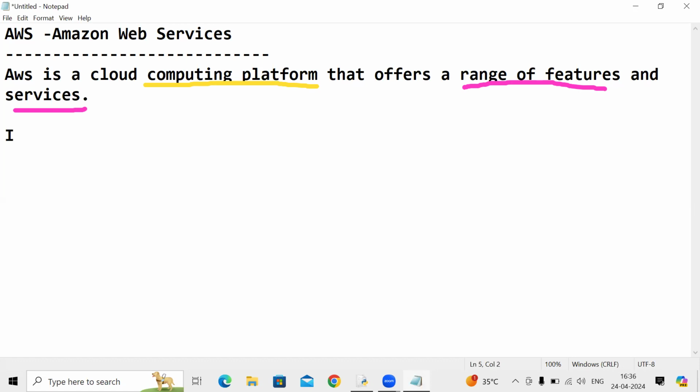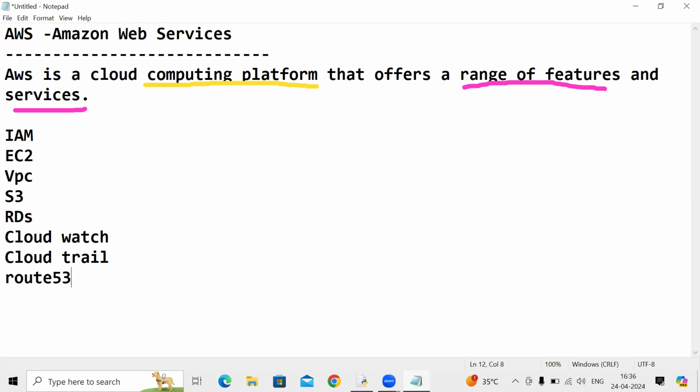One is the IAM module, the second one is the EC2 module, and we have the VPC module, the S3 module, the RDS module, CloudWatch, CloudTrail, Route 53, SNS, and SQS.